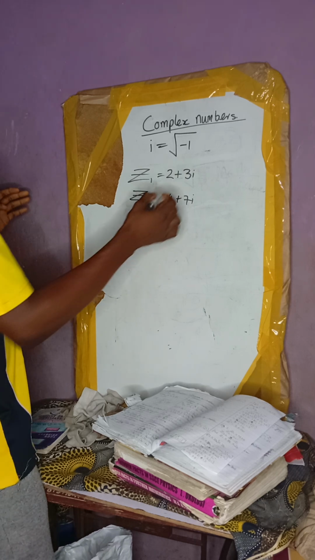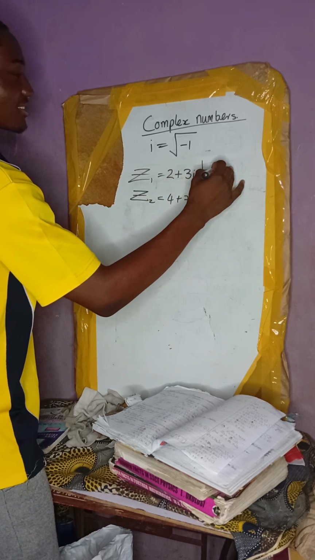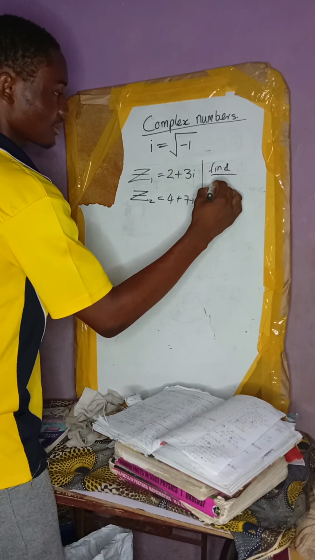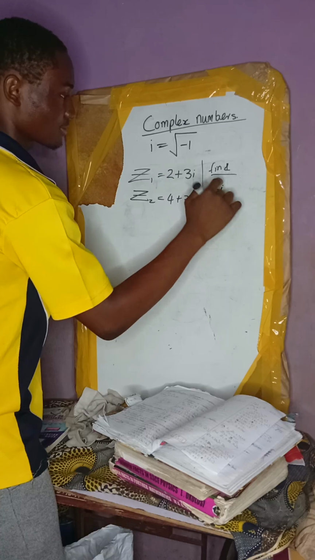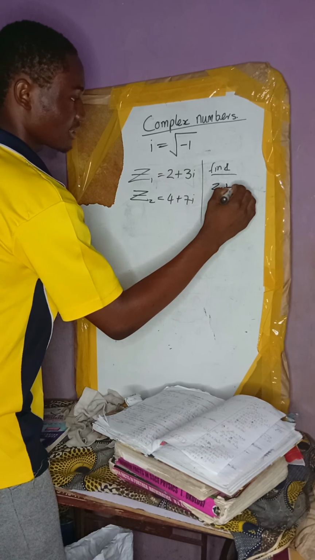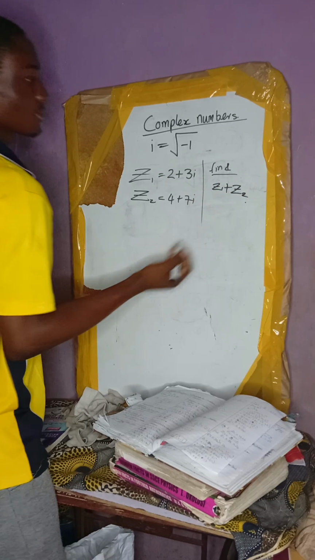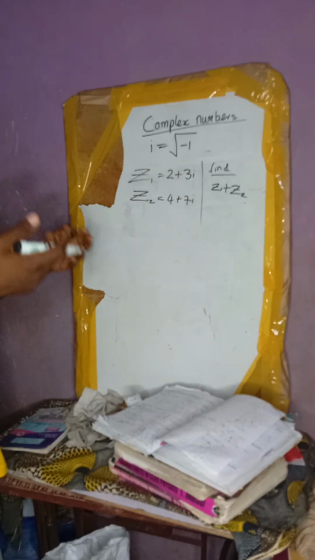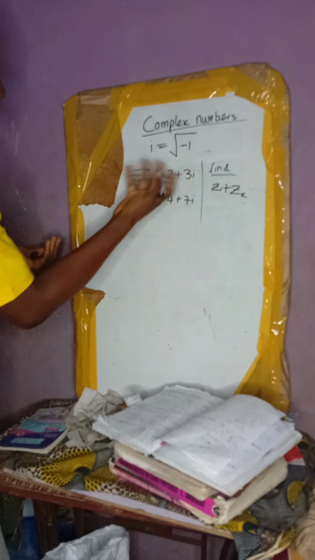Let us say I told you to find Z1 plus Z2. How do we do this? Complex numbers are just simple. You just treat i like a normal unknown, so we just add them together.